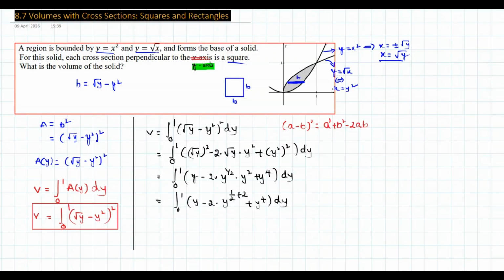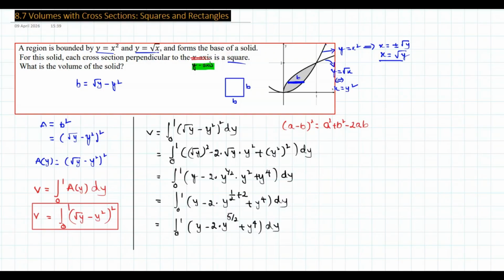4 dy. And this one equals the integral from 0 to 1 of y minus 2 times y to the power 1/2 plus 2, which can be written as 4/2, so that the total is y to the power 5/2, plus y to the power 4 dy, right.